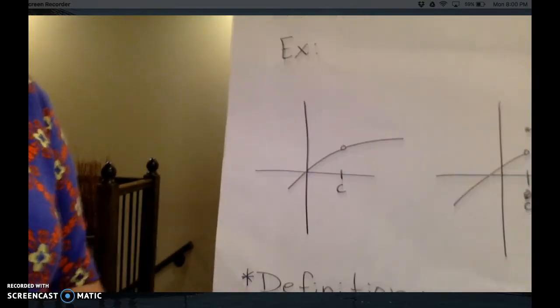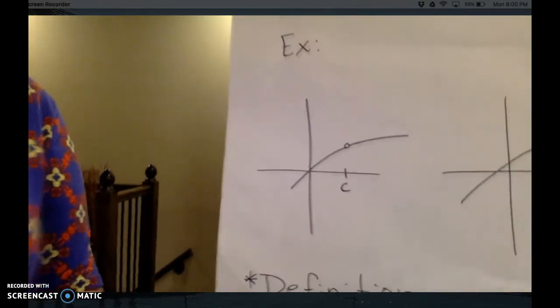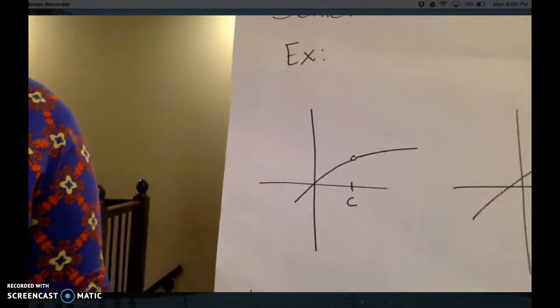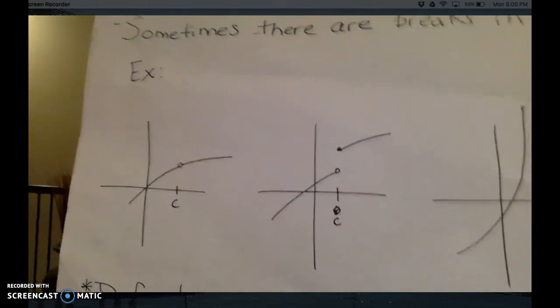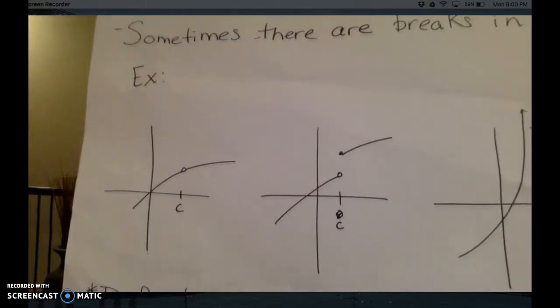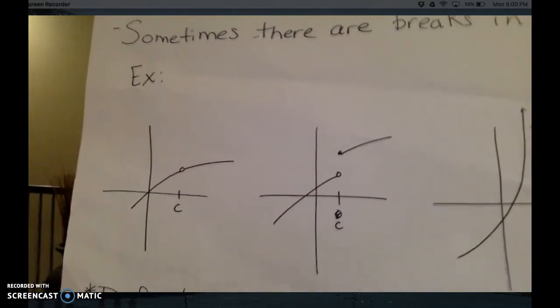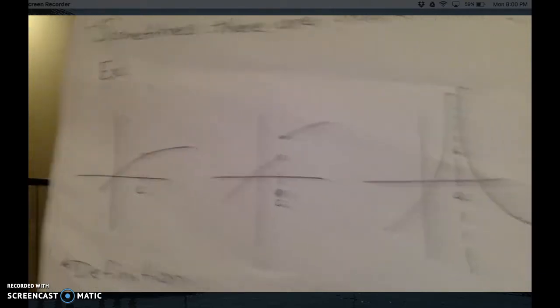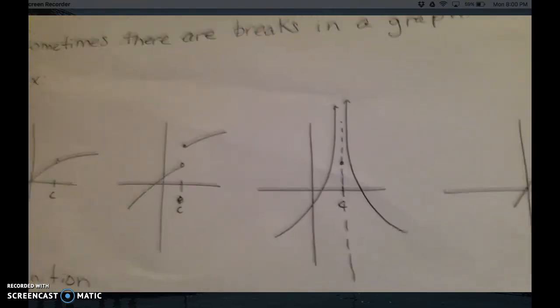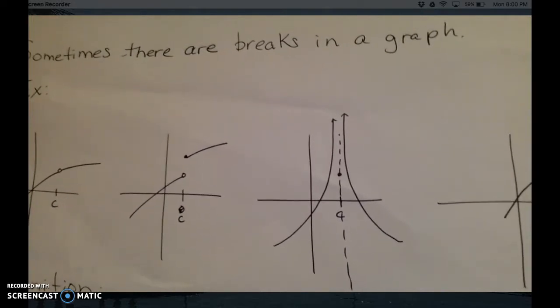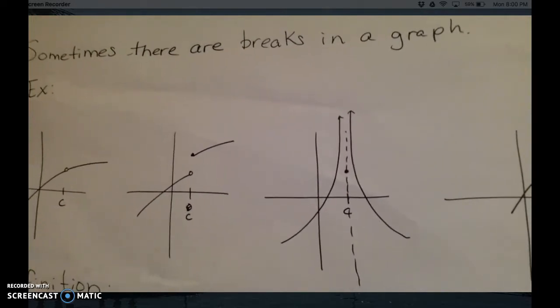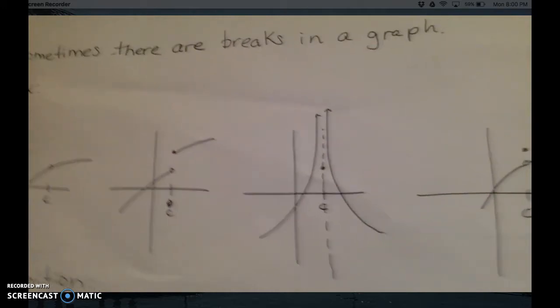You can see that there is a hole in the graph at x equals c. On this one, we have a break in the graph at x equals c where it jumps from one curve to the other. On this one, we have an asymptote, and then it's got a dot on the asymptote, so it's been defined there, but you can tell that's not continuous.